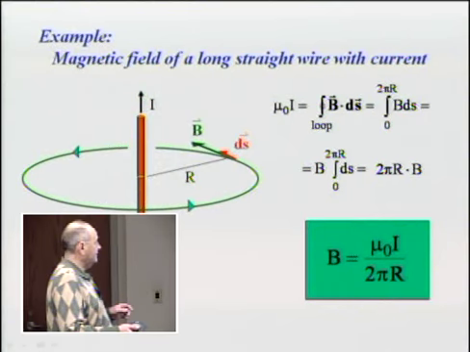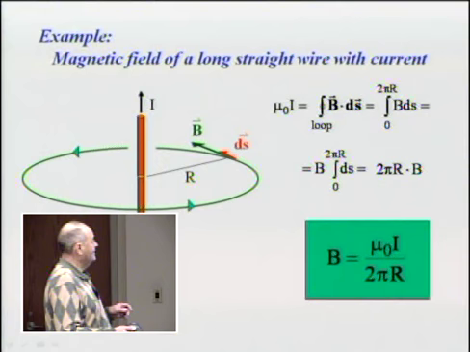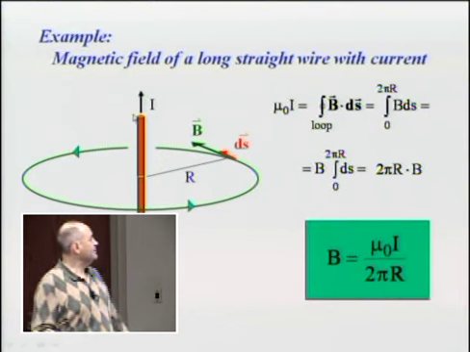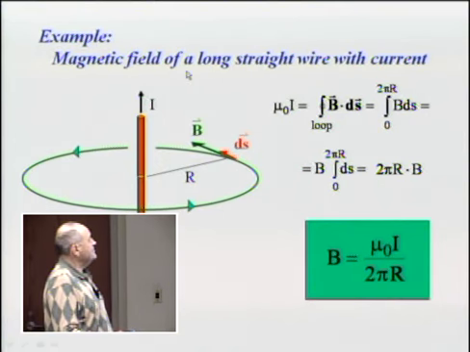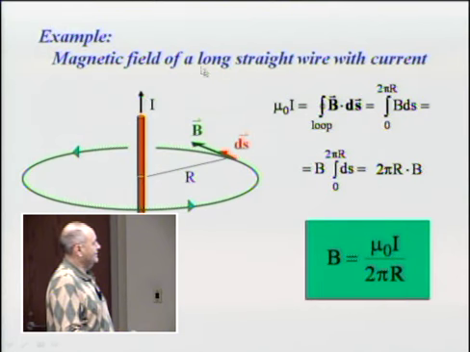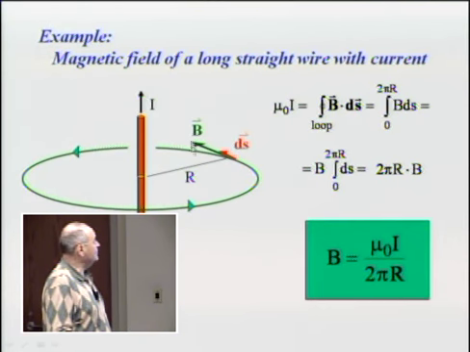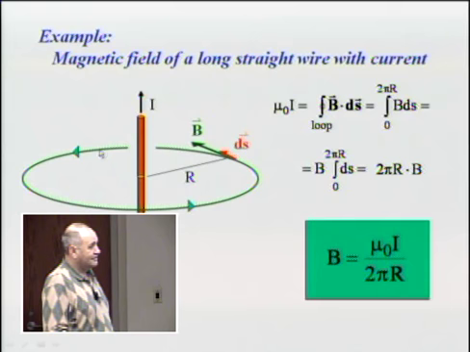It's easy to use Maxwell's equations to derive those expressions if the objects have high symmetry. Now notice also that this wire has high symmetry. Now I have here a long wire. Really, the derivation is for an infinitely long wire.